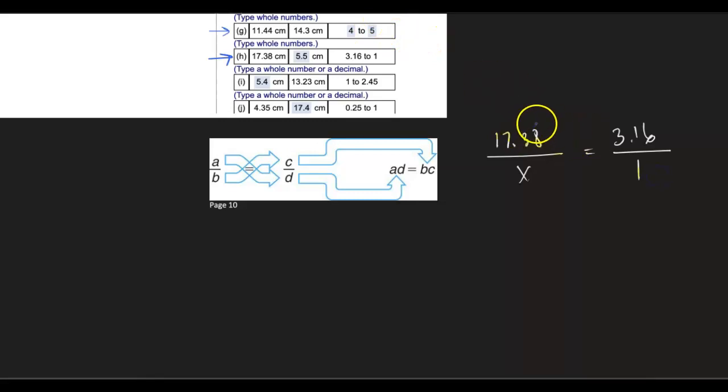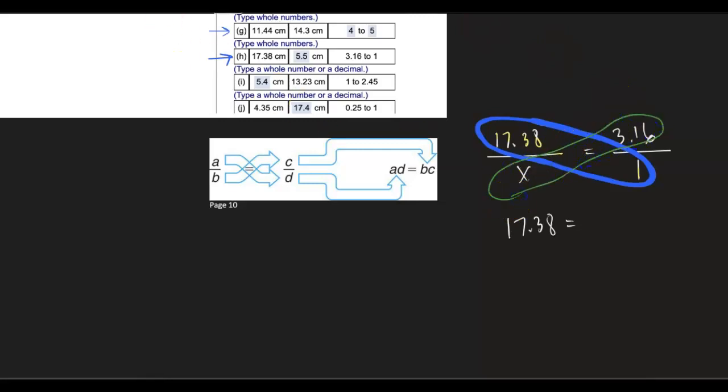Let me try a different color pen. These values are going to get multiplied together, and that's pretty easy to multiply. We have 17.38, and then these two values get multiplied together. And again, that's pretty easy to multiply. It's just 3.16 times x, or 3.16x.